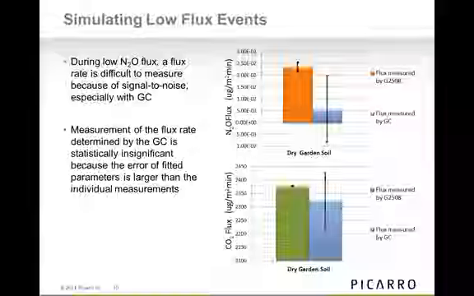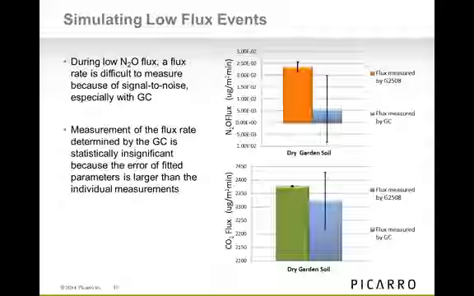However, when we do a fit for the G2508, we can tell that there actually is a flux to a relative degree. And then the CO2, the error is tiny on it for the G2508 and falls well within the error bar of the GC.